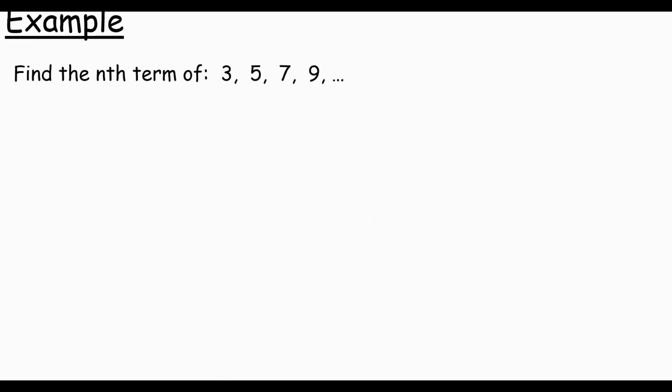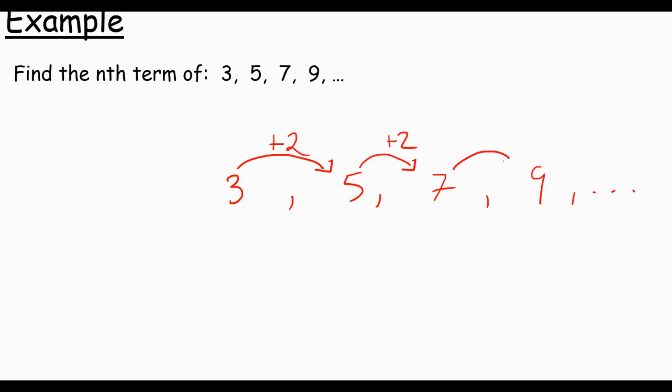Here's another example. To find the nth term of this sequence, what I'm going to do is write down the first few terms, so 3, 5, 7, 9. I can see that the rule for the sequence is plus 2, that's our term-to-term rule. I'm adding 2 every time. So I need to think about the 2 times table, which I can write above my sequence, 2, 4, 6, 8, and so on.